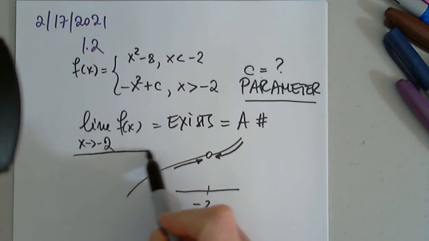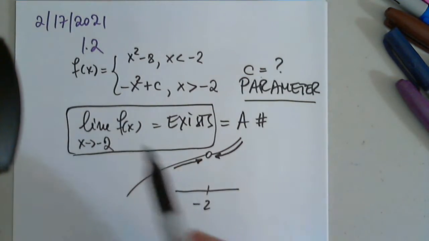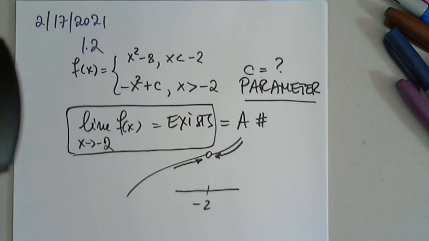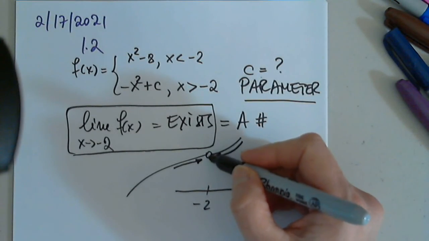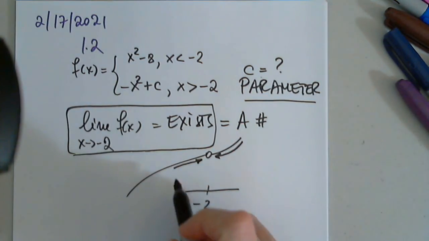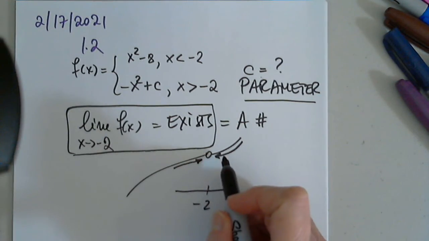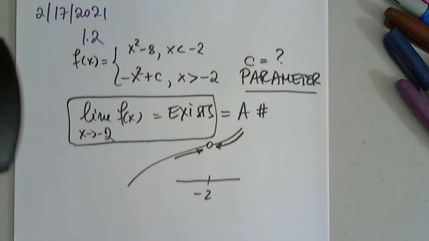So for this to happen, the limit from the left must exist, the limit from the right must exist, and they must be equal to each other. The function may or may not be defined here, we don't care. As long as this limit and this limit exist and they're equal to each other, then that's all we care about.